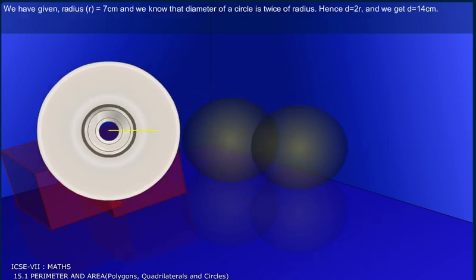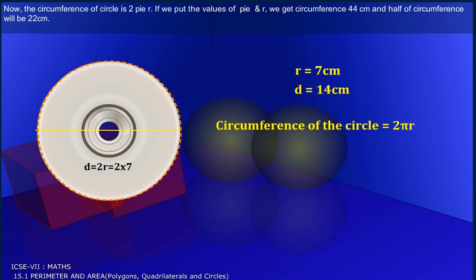We have given radius r is equal to 7 cm. And we know that the diameter of a circle is twice the radius. Hence, d is equal to 2r, and we get d is equal to 14 cm. Now the circumference of the circle is 2 pi r.